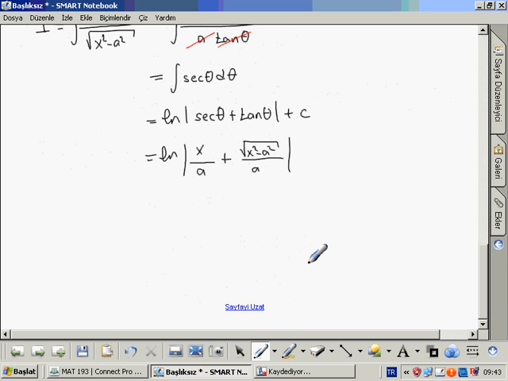and plus square root of x square minus a square over a. We have just evaluated these values from the right triangle, don't forget them, plus c, and so ln of x plus square root of x square minus a square plus c.